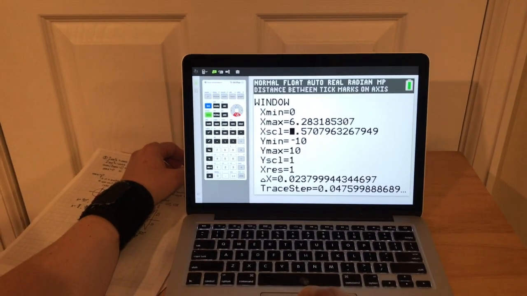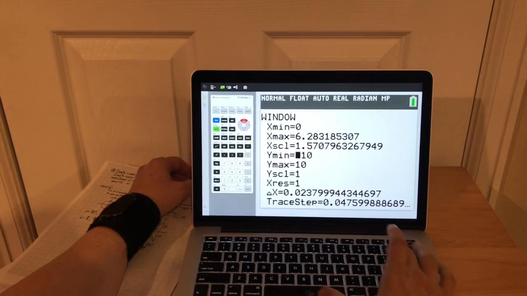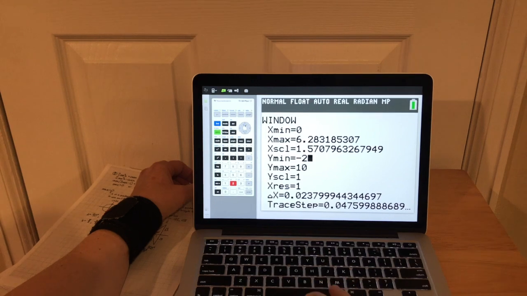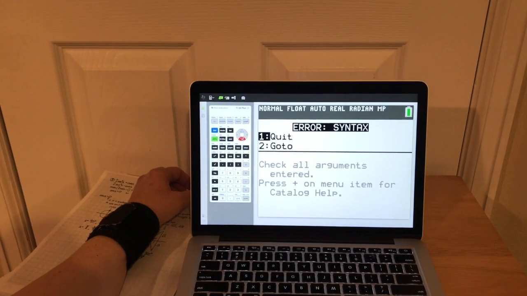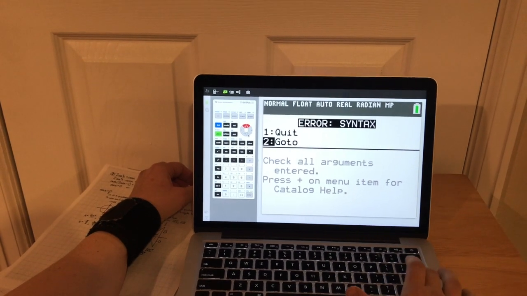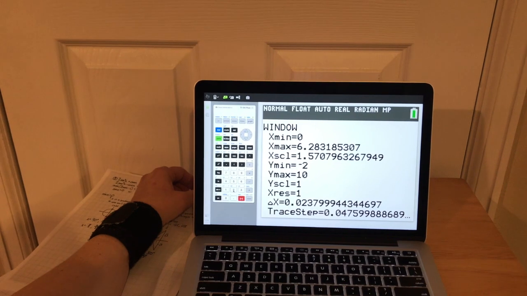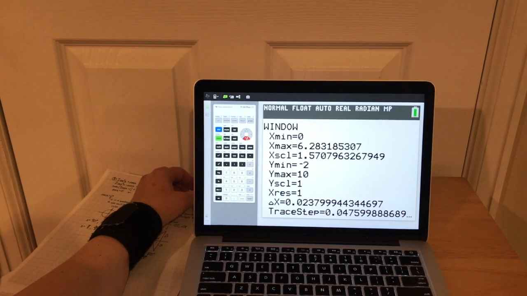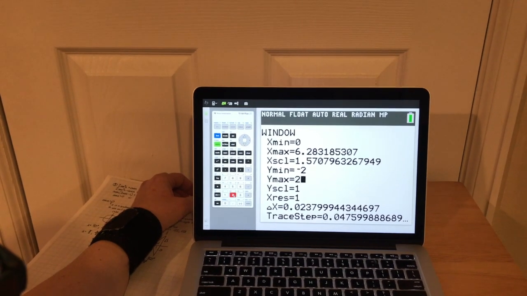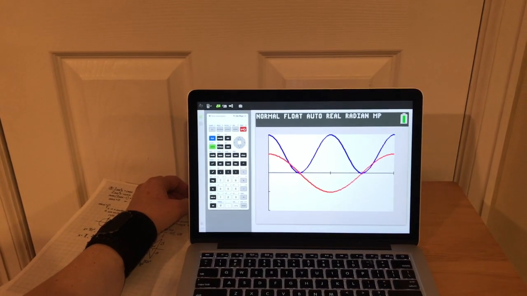I'm going to have my y minimum be maybe -2, to a y maximum of +2, and let's see what happens when we graph.